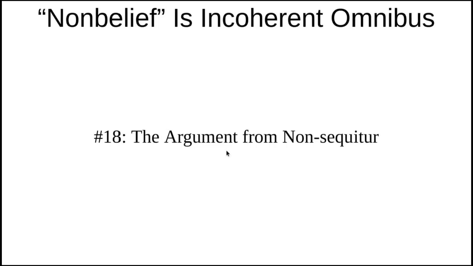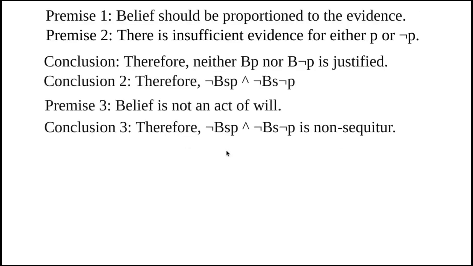The non-belief is incoherent omnibus. Number 18. The argument from non sequitur. Premise 1. Belief should be proportioned to the evidence. Premise 2. There is insufficient evidence for either belief in P or not P. Conclusion. Neither belief in P nor belief in not P is justified.